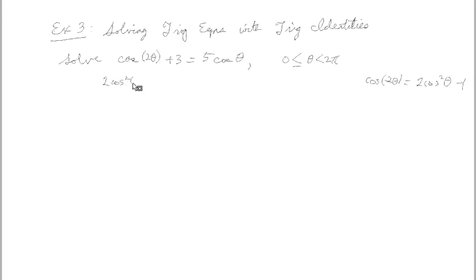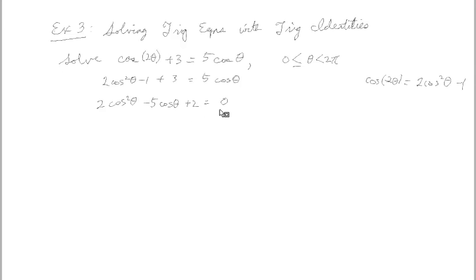2 cosine squared theta minus 1 plus 3 is equal to 5 cos theta. Let's bring everything to one side. 2 cosine squared theta, that becomes a plus 2. Let's bring that 5 cosine theta over, and we end up with this statement.